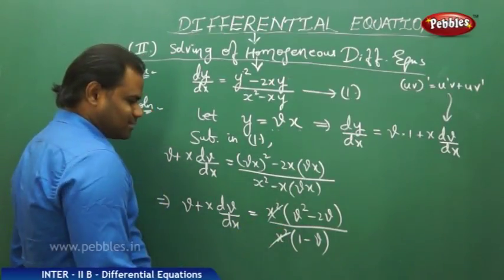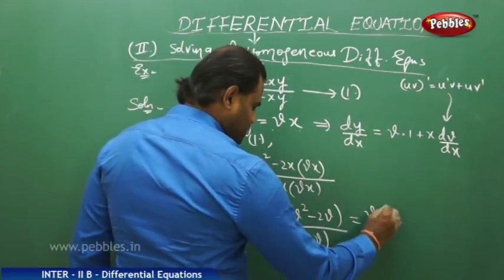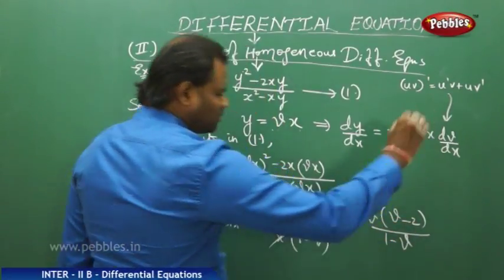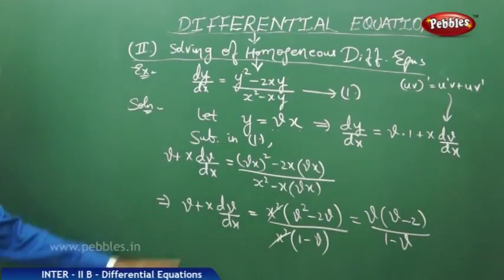So this gets cancelled and this gets reduced as v times of v minus 2 by 1 minus v, which is what we get on simplification.